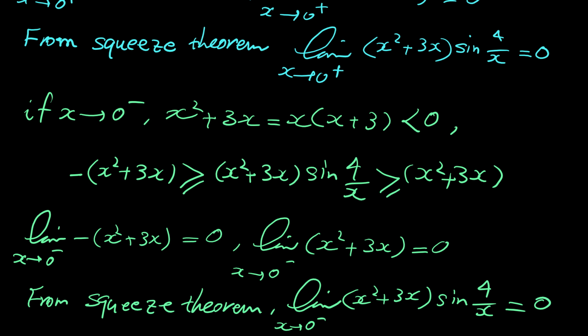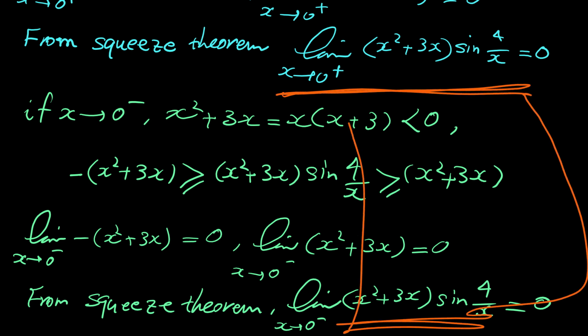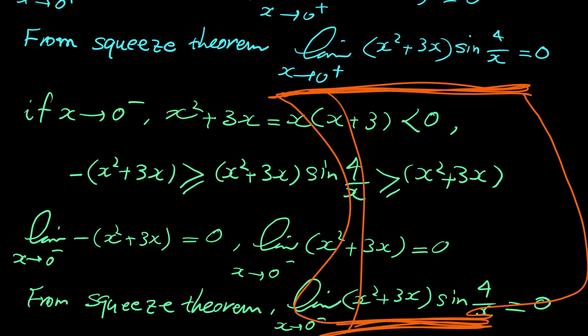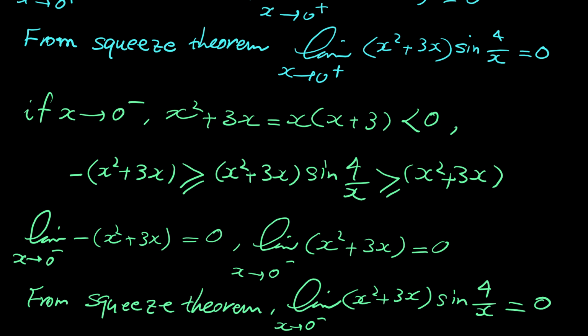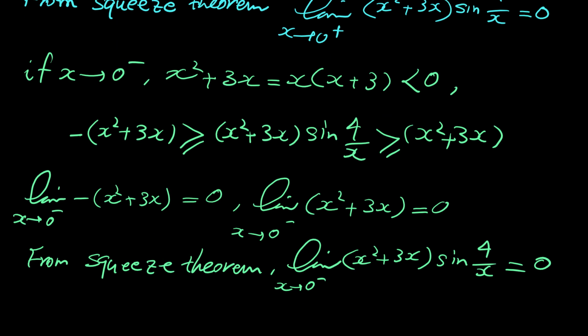So far we have shown that the limit from the right is 0 and the limit from the left is 0. We know that if the limit from the right is the same as the limit from the left, then the two-sided limit exists and equals the same number.